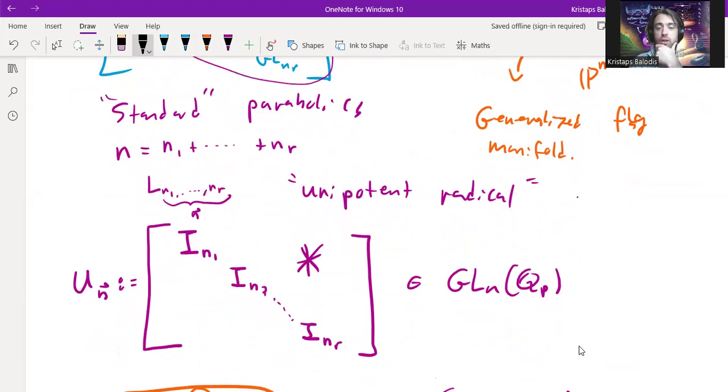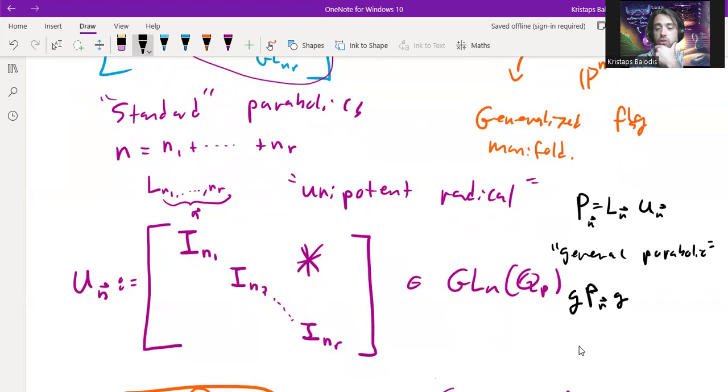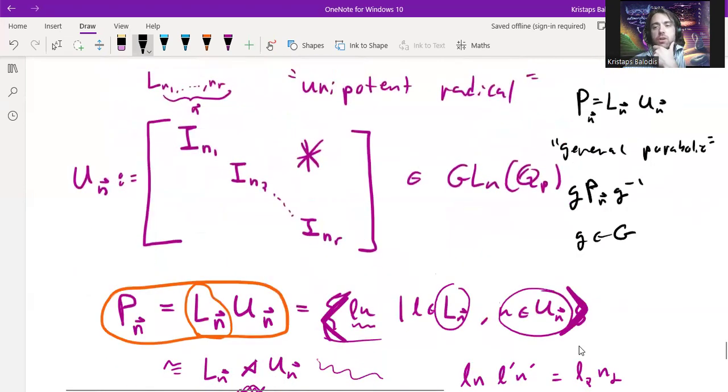I've defined for you the standard parabolics as exactly the ones of this form. And then a general parabolic is anything that's a conjugate of that parabolic subgroup by some g in G, by the way. Again, there are fancier, more proper definitions. We'll get there.